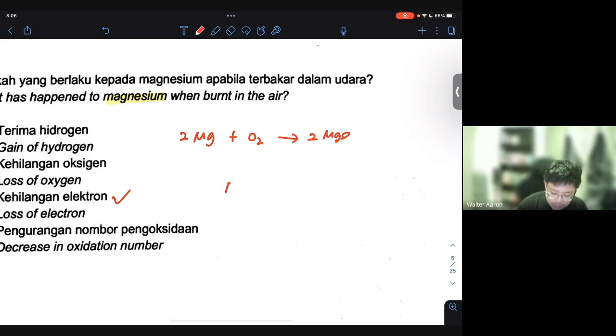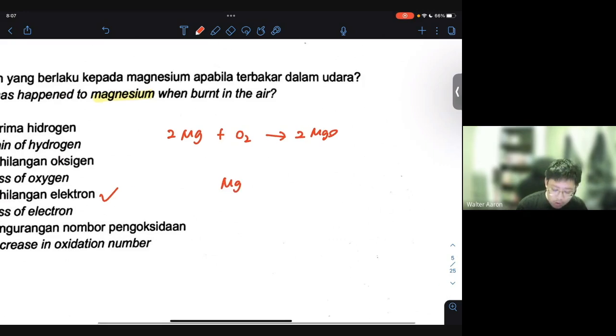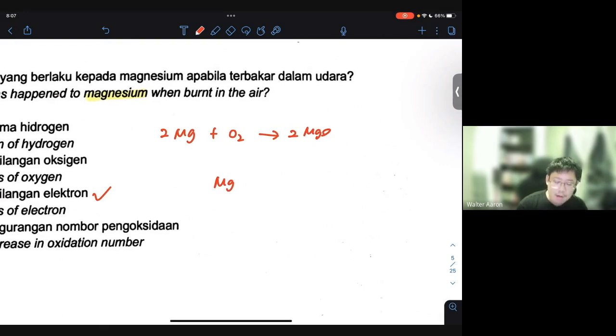So to form this compound, magnesium must donate 2 electrons away to oxygen. In a very simple way to understand this, in order for magnesium to form an ion, magnesium must first release electrons.